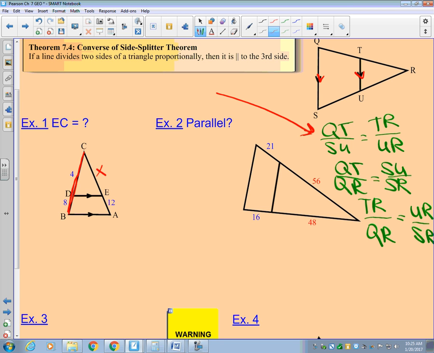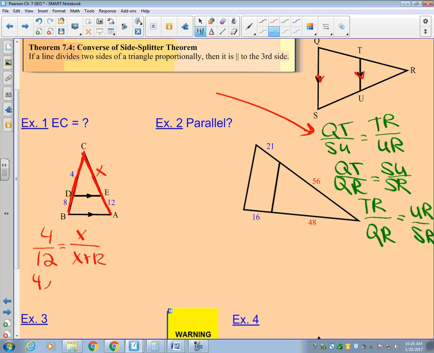So we can say that the little piece, 4, over the entire side, 12, is equal to this little piece X over the entire side, X plus 12. That's one way we can do it, using the entire side length.